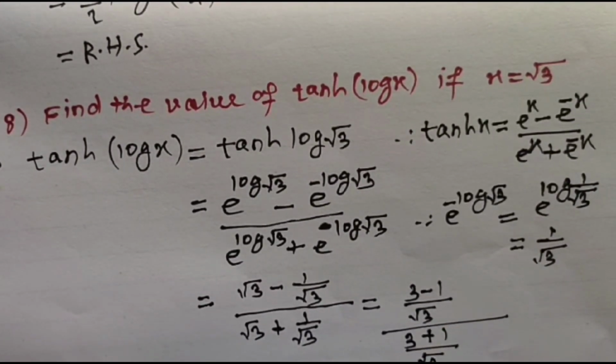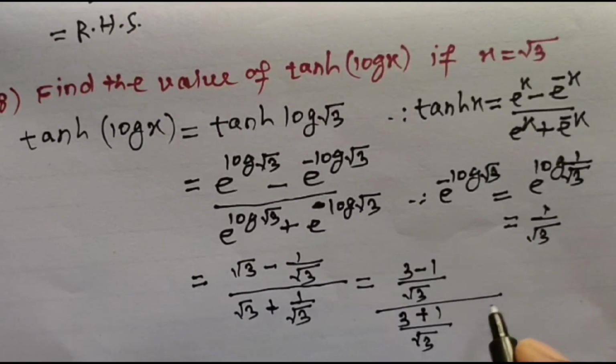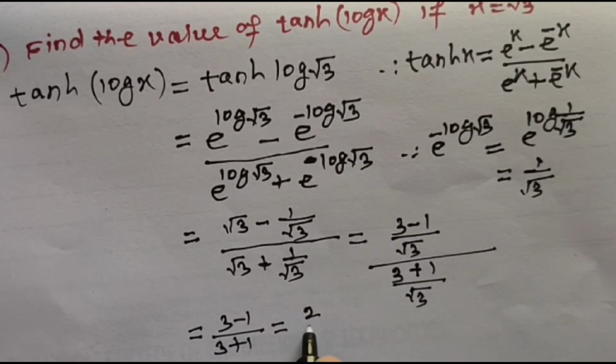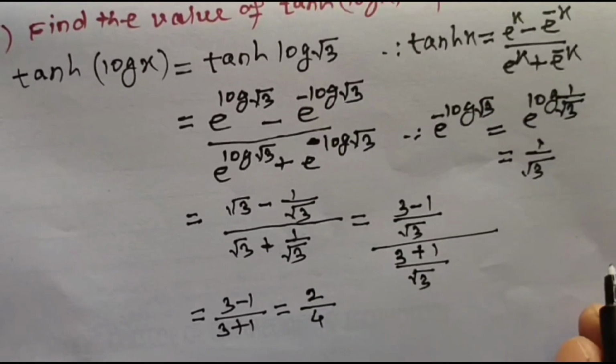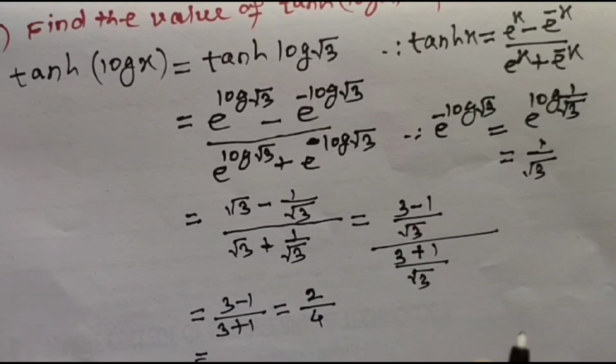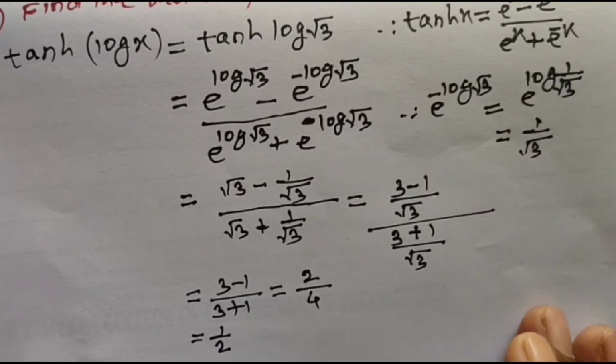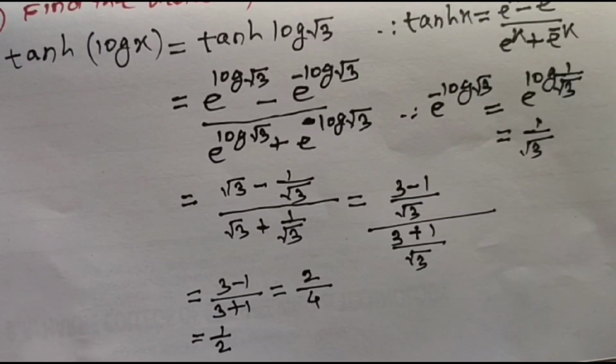Now this root 3 and this root 3 get cancelled, and this is equal to 3 minus 1 divided by 3 plus 1. 3 minus 1 is 2 and 3 plus 1 is 4. So this is equal to 1 upon 2. Hence this is the value of hyperbolic tan of log x at x is equal to root 3.